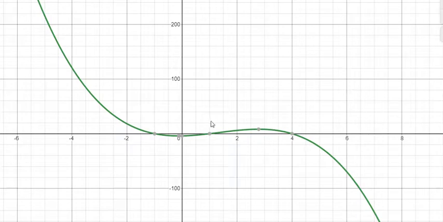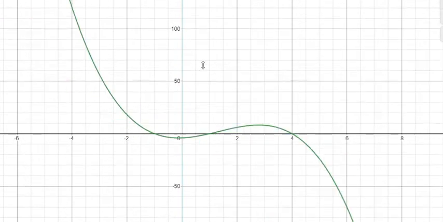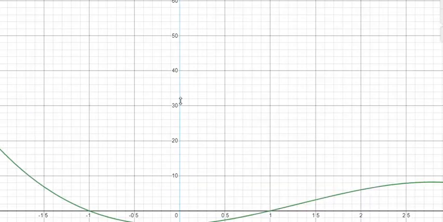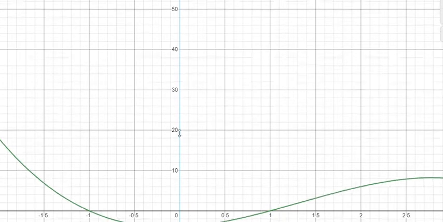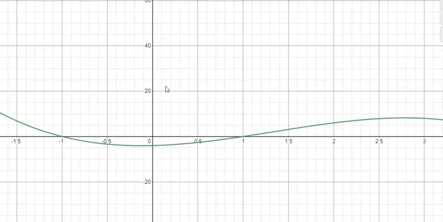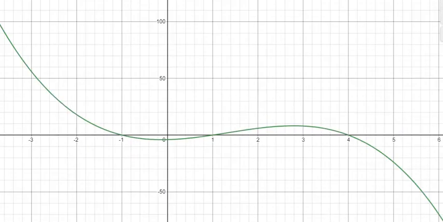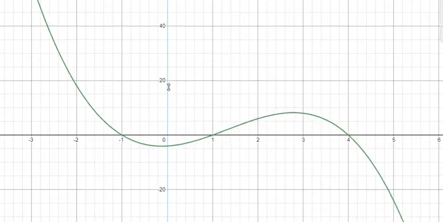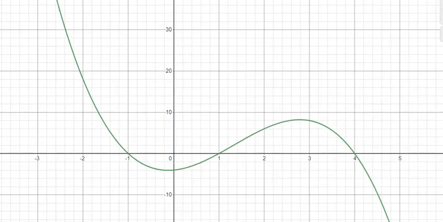And I probably have a little bit bigger y-axis than I really need. There we go. That's not bad.